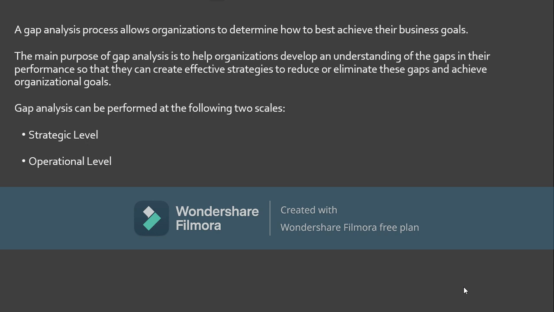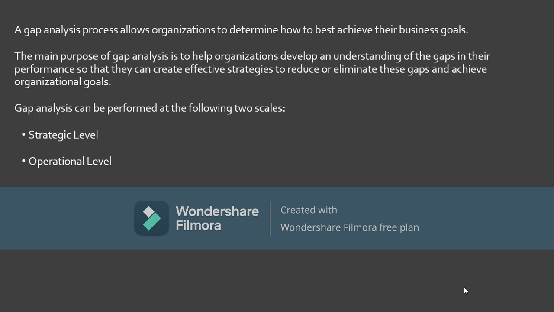Then we have the operational level. In the operational level, the main focus is to see the current state performance of the business against what is desired or what you have projected, in context to your project or an organization, that is, what projection you have, that we have to do something like this, and what the current state is.